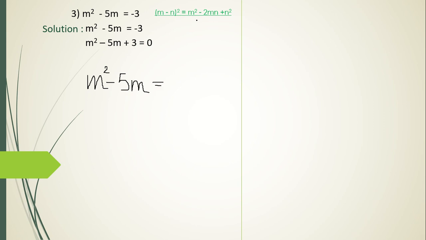M square minus 5m with the first two terms of the formula, so that is m square minus 2mn. M square will get cut. We are left with minus 5m is equal to minus 2mn.